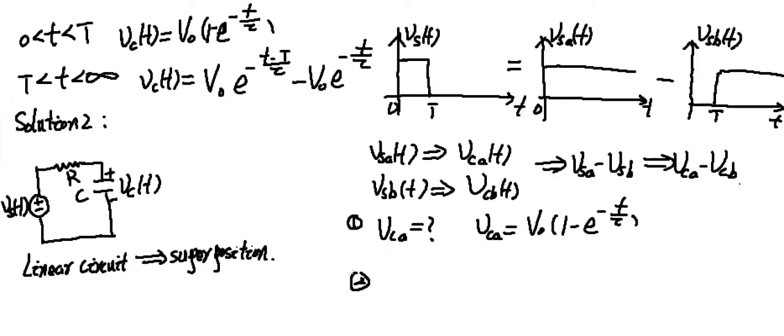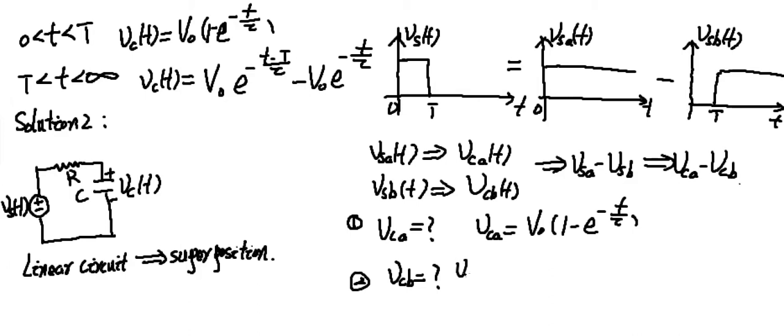The second question is, what is VCB? We notice that the input function VSB is just a time-shifted version of VSA. If you simply shift VSA along the time axis toward the right by capital T, you will get VSB.